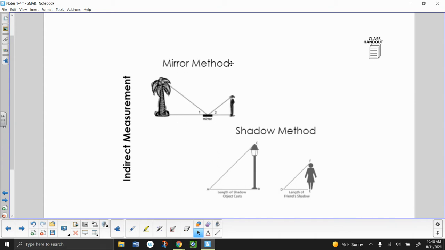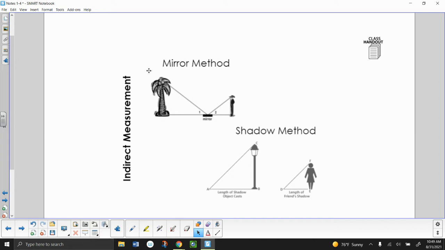So for instance, there's something called the mirror method, which means that you put a mirror somewhere between you and a tall object, and it creates two similar triangles that kind of face each other. The reason they're similar is that the angle coming off of the mirror is going to be congruent, and then the angle for the object to the ground is going to be a perpendicular, 90-degree angle. So then it allows you to set up similar triangles.